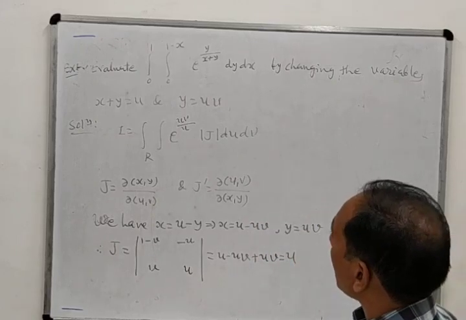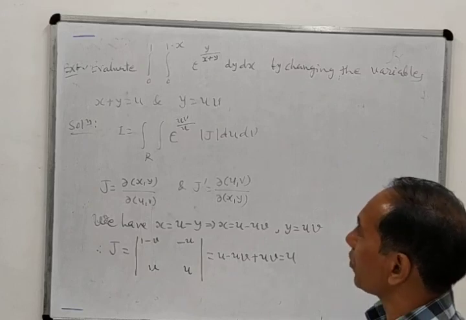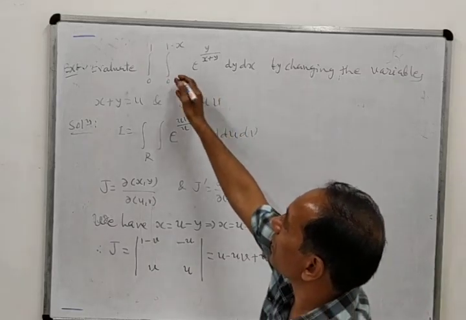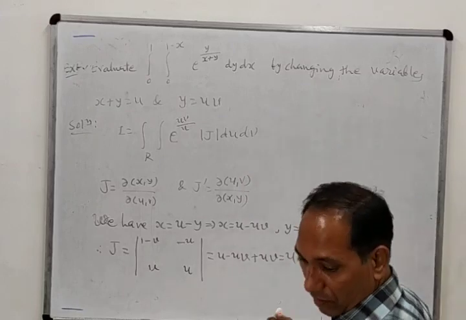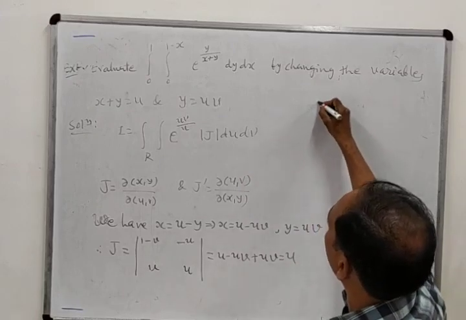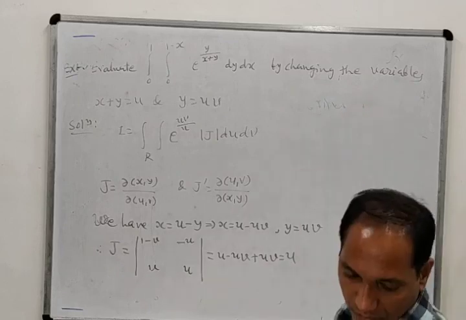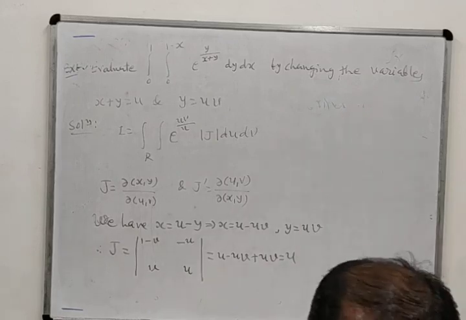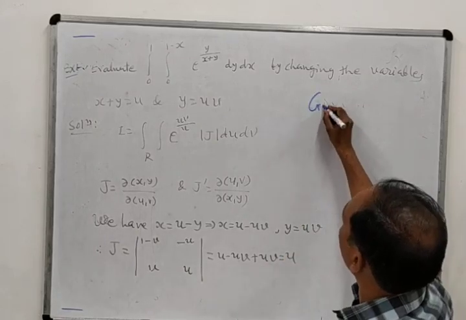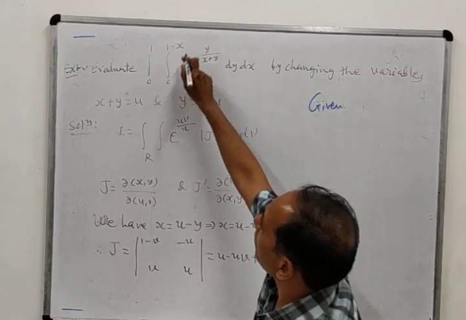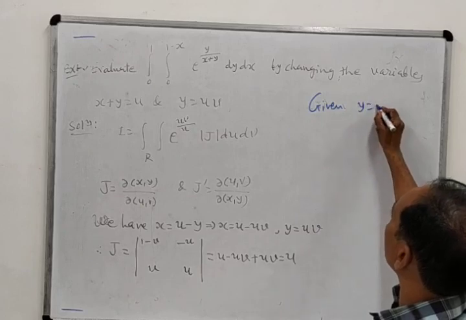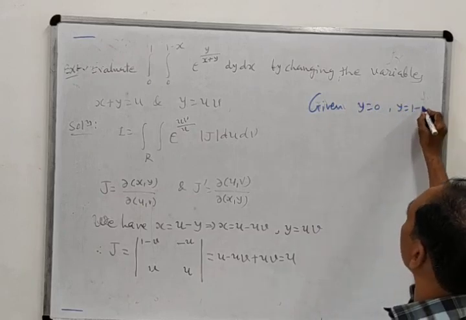Now the limits. Limits are also important. These are the limits given in terms of x and y. Here, these are the limits of y: y equal to 0, y equal to 1 minus x.